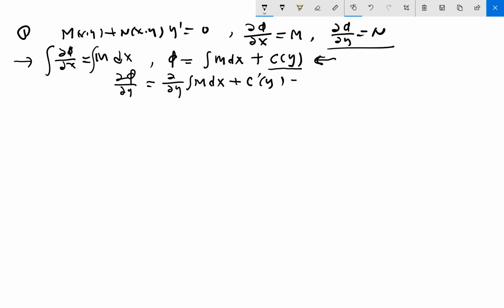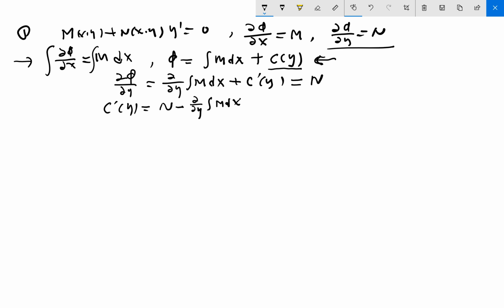That must equal, look here, the partial of phi with respect to y must equal N. So from this equation, we can solve for c prime of y, which is equal to N minus the partial derivative of this one with respect to y.